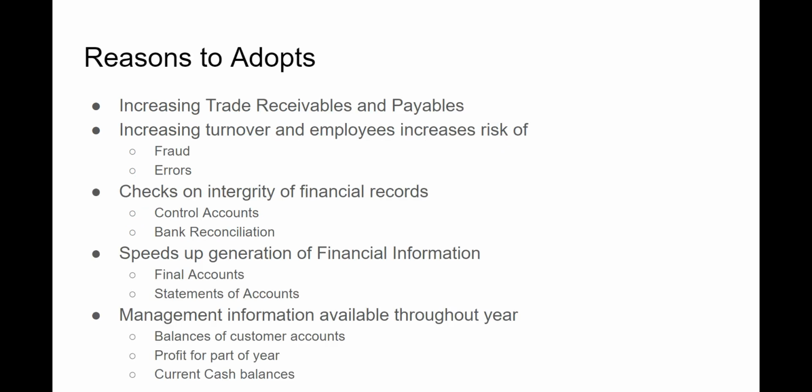Okay, the main reasons firms adopt. The first one is when they are starting to get an increase in credit sales and credit purchases. And prior to that, you can just basically get away with a cash book.